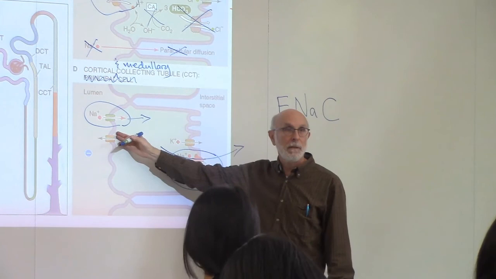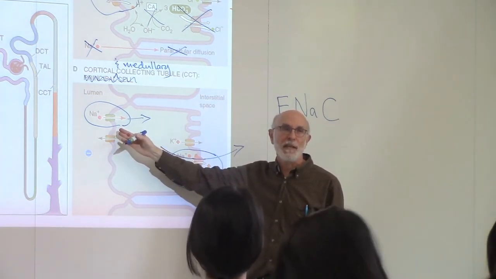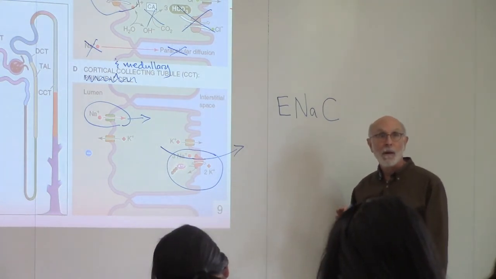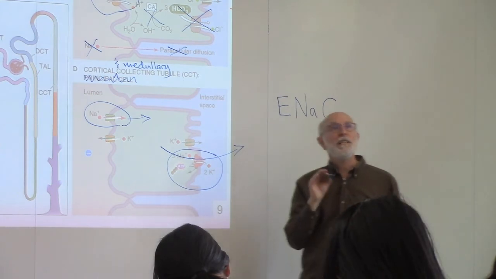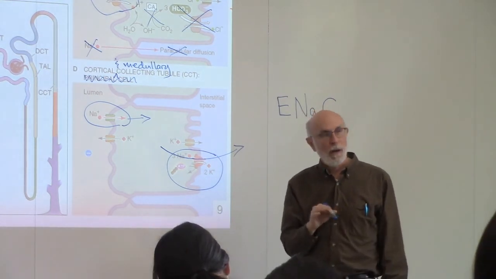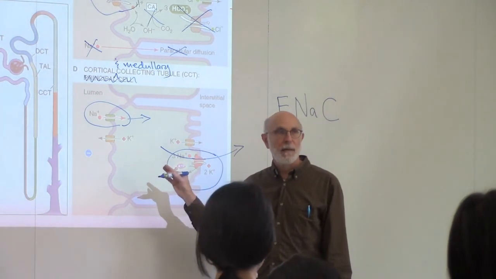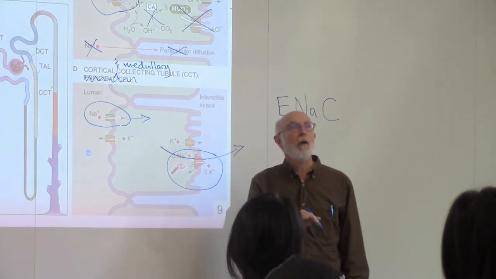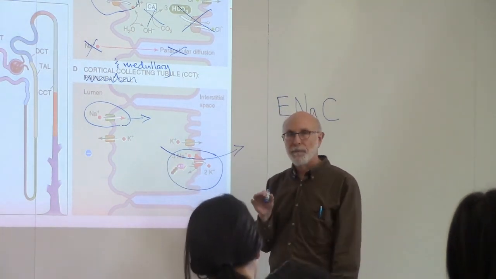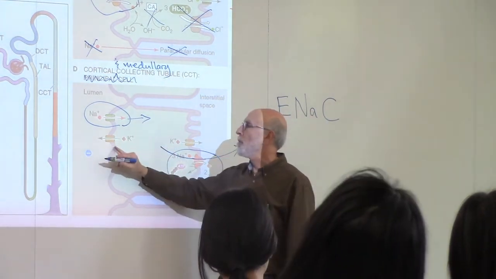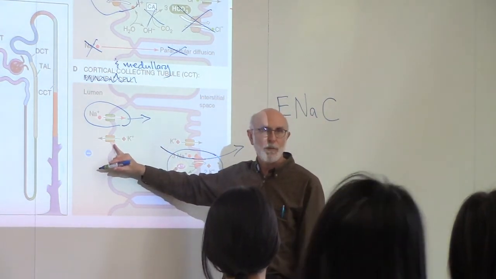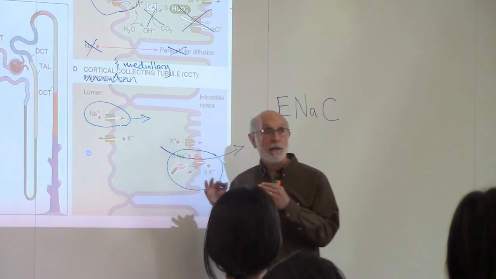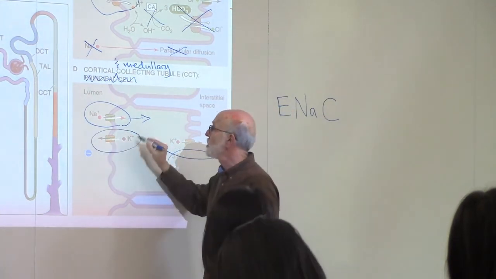This is the epithelial sodium channel. It's not the only channel, but this is the one that is most important. You'll need to know for your homework an interesting bit that goes on right here. So I'm going to jump to potassium for a minute because this is going to be helpful for your homework. There are potassium channels in the apical membrane of the collecting tubule that work with the sodium channel.